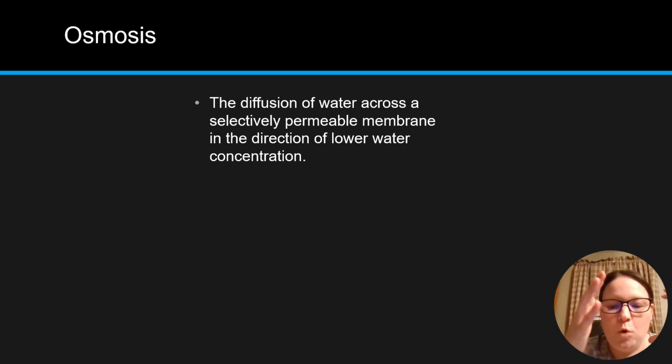Some of this water will pass through into the lower water concentration areas, which may be on this side. This side might have more salt or different solvents in it. So it's the diffusion of water across the selectively permeable membrane in the direction of a lower water concentration.